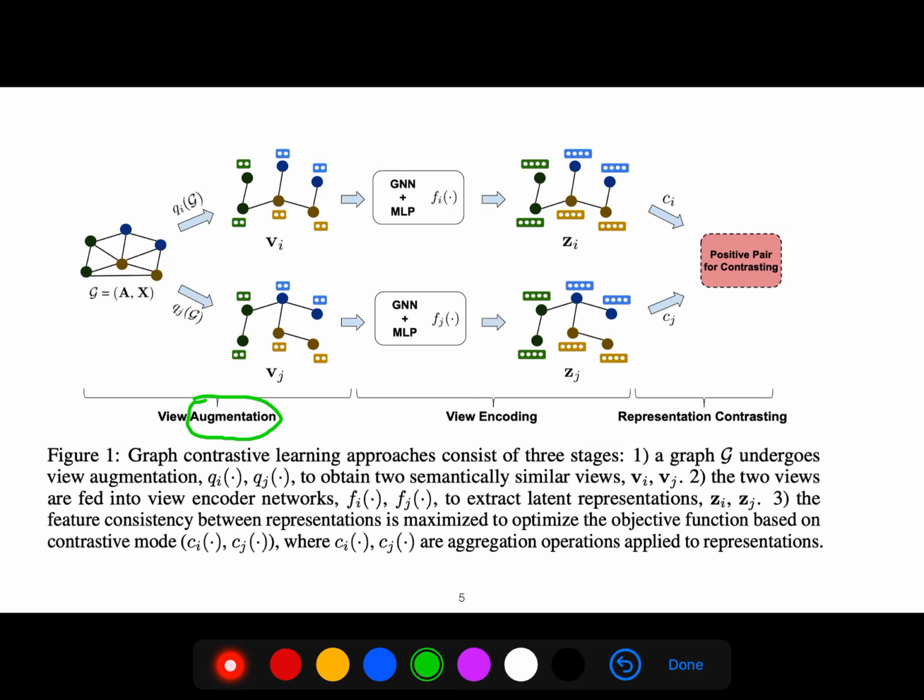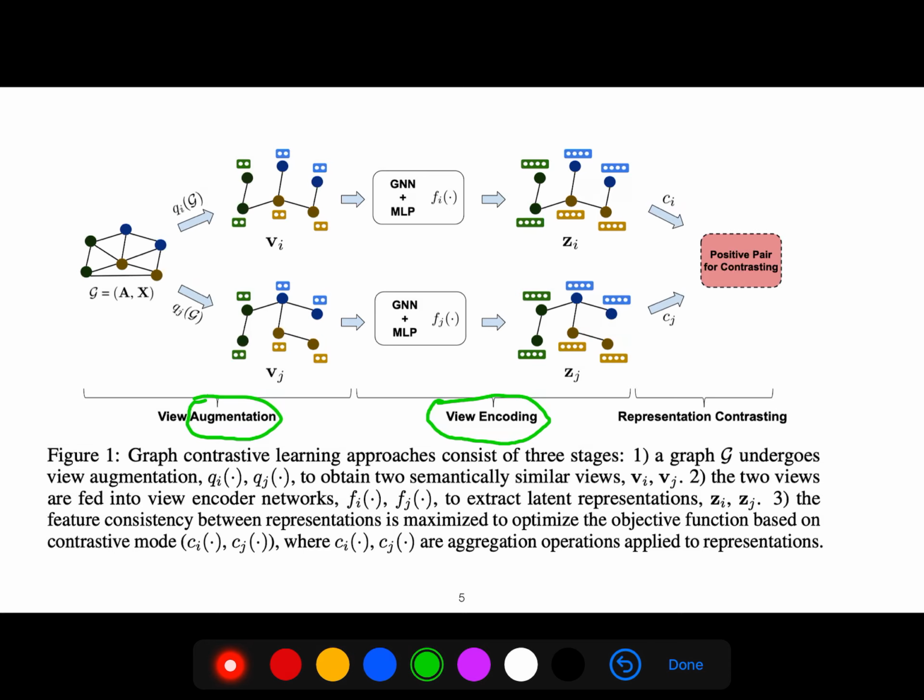So our augmentations are Q sub I and Q sub J, to obtain two semantically similar views, V sub I and V sub J. Then for the second module, we have view encoding. The two views are fed into view encoder networks to extract latent representations Z sub I and Z sub J.